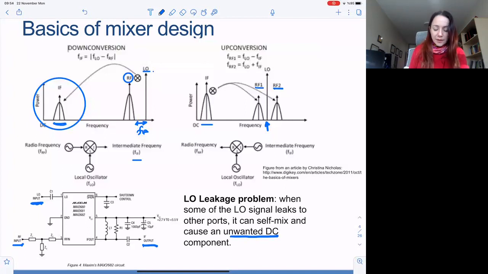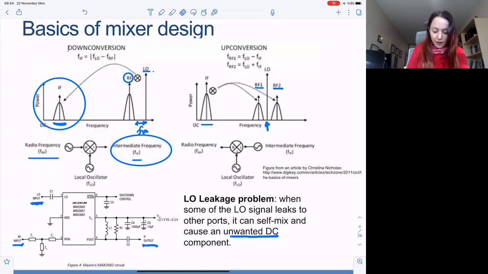So, the basic idea of a heterodyne receiver is we want to operate at a certain intermediate frequency FIF, and that's why we tune our local oscillator in order to bring whatever the radio frequency is down to FIF.